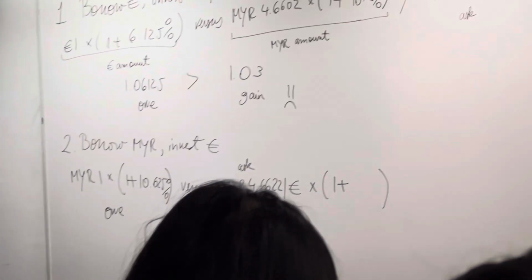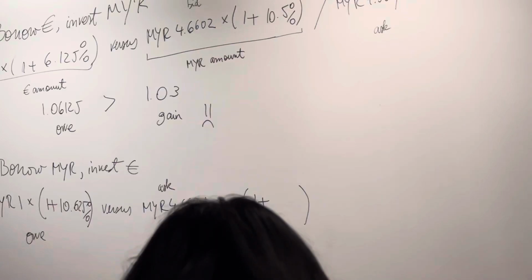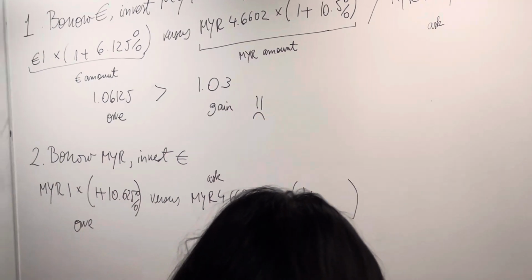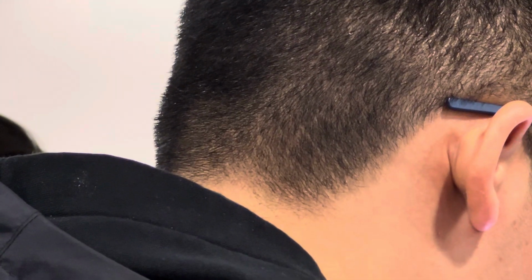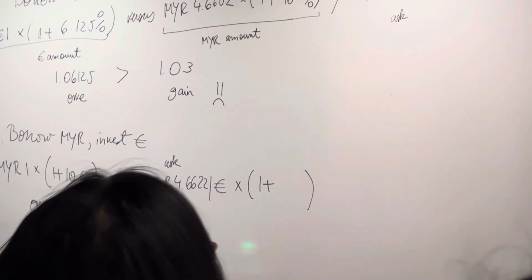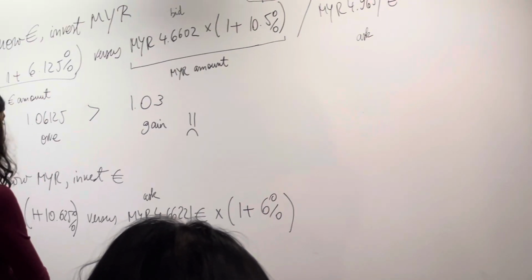So the bank will quote us 6.06, yeah. So the lower rate. When we invest, the bank will quote us the lower rate, because that's the rate they give us for deposits or investments.